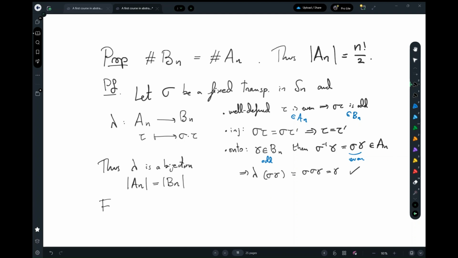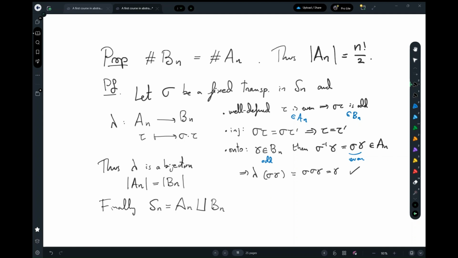And finally, notice that Sn is the disjoint union of An and Bn, because every permutation either has an expression as an odd number of transpositions or an expression as an even number of transpositions. So I get that they're a disjoint union.